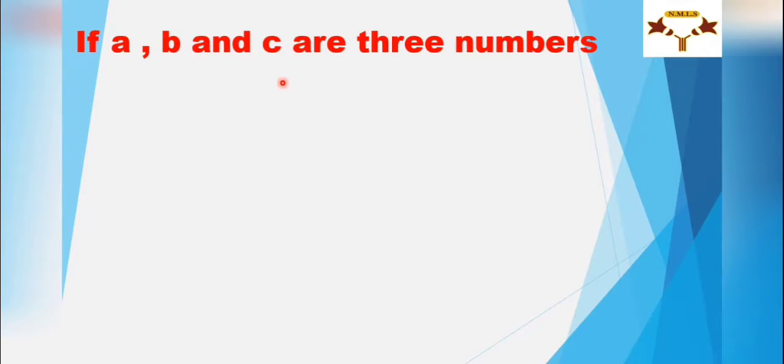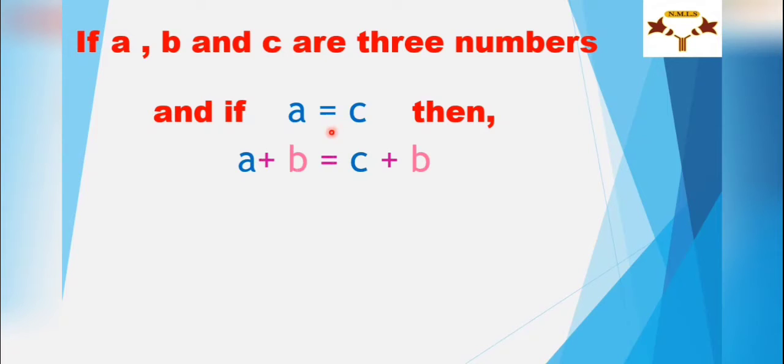So the conclusion, I can say that if A, B, and C are three numbers, and I have an equation between A and C, that A equals C, then adding the same amount to both sides of the equation doesn't affect the equality of the equation. That is, if I add B to both sides, it will not affect the equality.